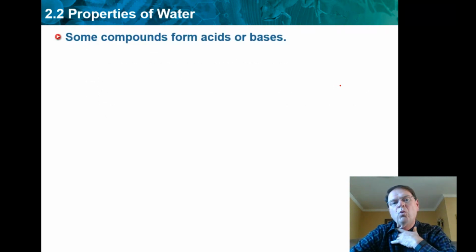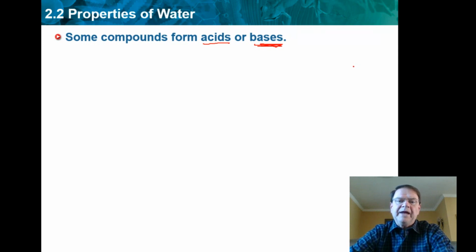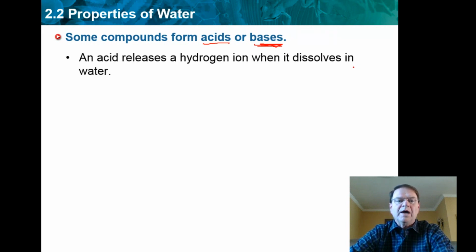As well, water has a property, because it can dissolve those particles that are charged. It can form things that we call acids, and the opposites of acids we refer to as bases. So let's take a look for a moment at how those kinds of things are described. Acids release what we refer to as a hydrogen ion, so they have a positive charge, okay?